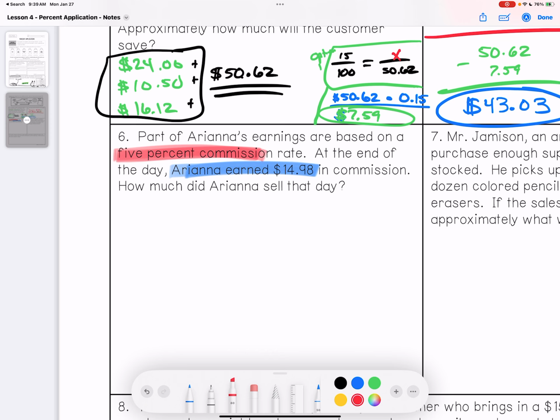So what is the total? Again, we can set it up as percent and then part over whole. So the percent was 5. The part was $14.98. And then I don't know the whole. So I could solve it that way.